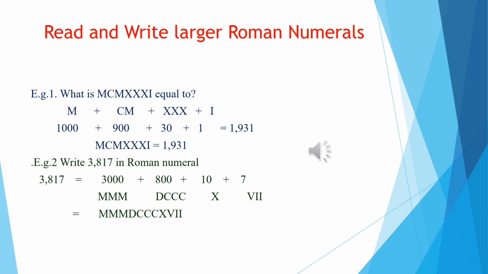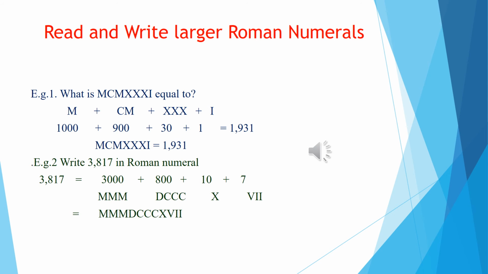That is M plus CM plus XXX plus I. M stands for 1000, CM stands for 900, XXX is 30 and I is 1. So adding 1000 plus 900 plus 30 plus 1 gives us 1931. Therefore, MCMXXXI equals 1931.